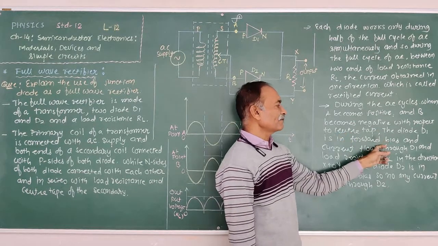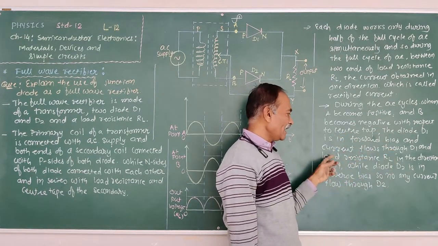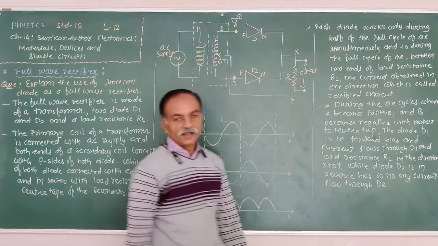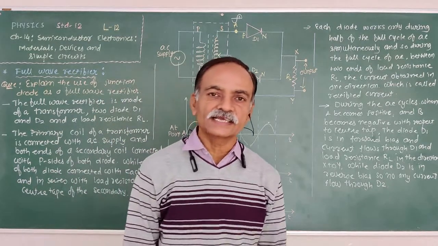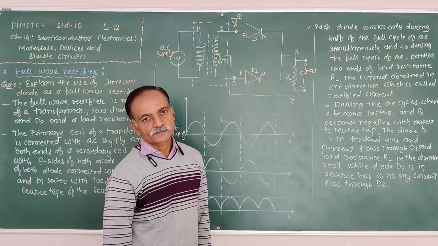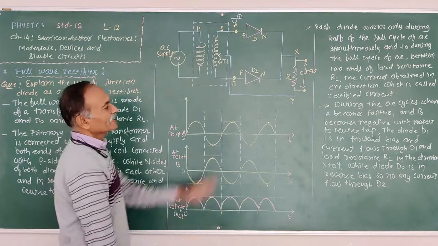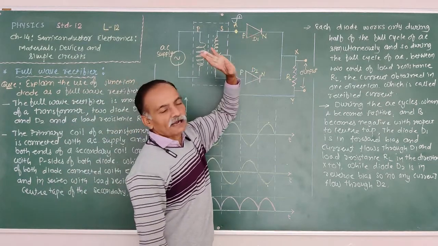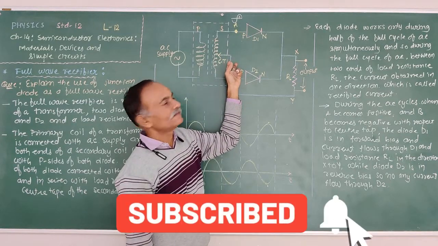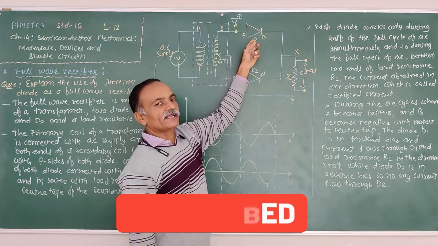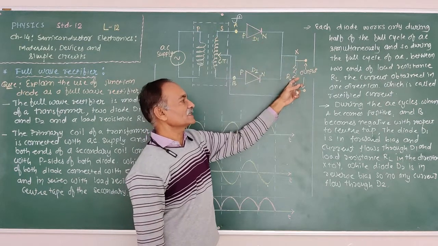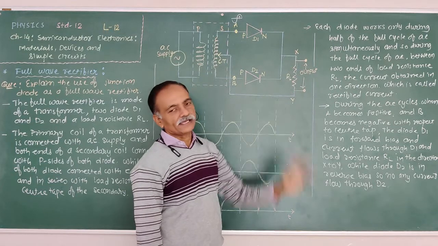The diode D1 is in forward bias, and current flows through D1 and the load resistance RL in the direction X to Y, while diode D2 is in reverse bias, so no current flows through D2.